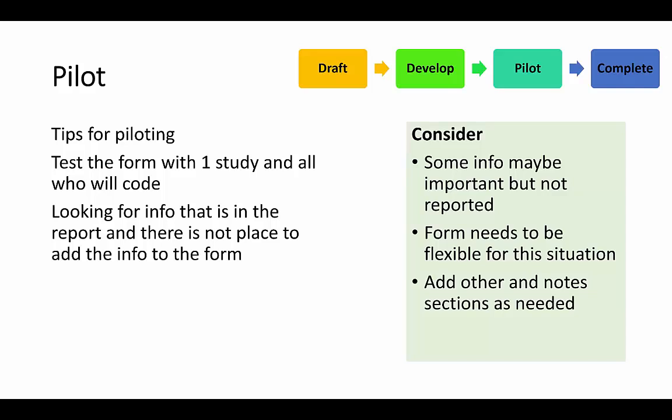I would test with at least one. I suggest maybe more than one. And especially if they have different types of studies in their review, like a lot of times in scoping reviews, you have several different types of studies could be done. At least have a few examples of those different types of studies in there.